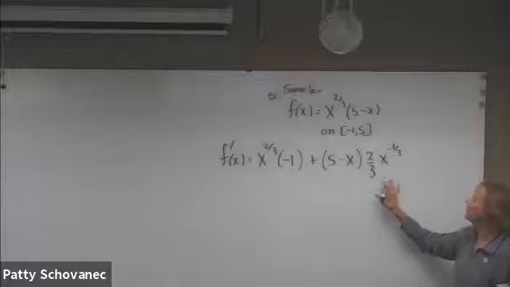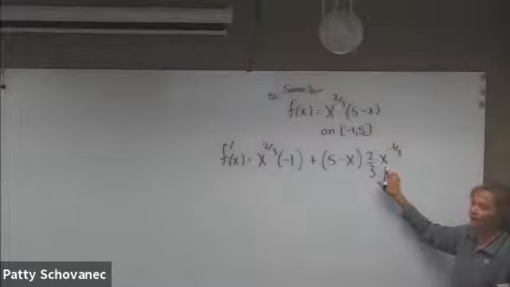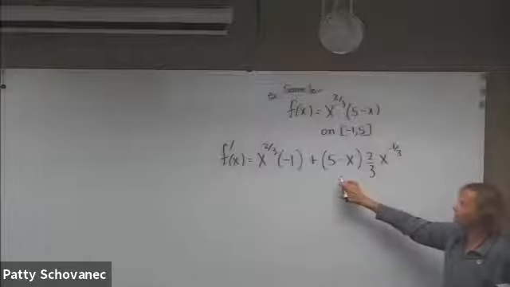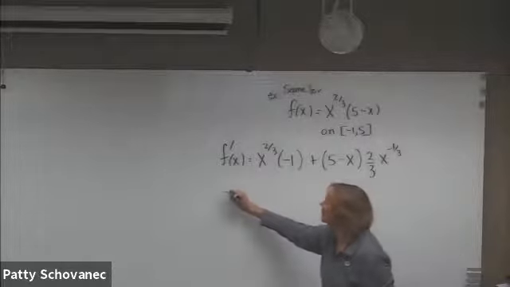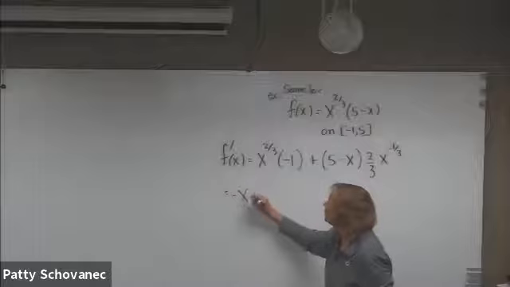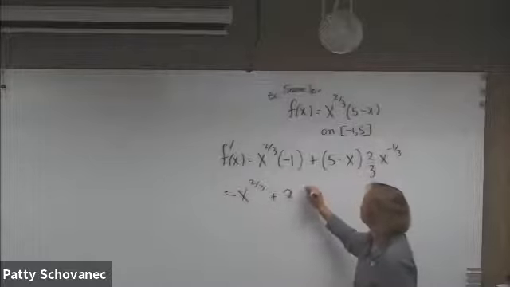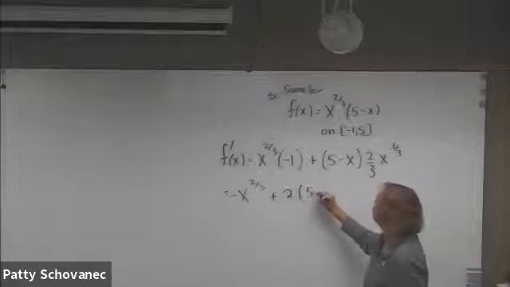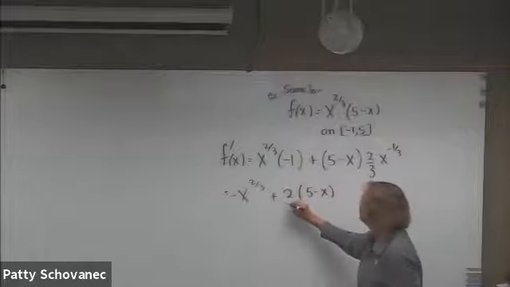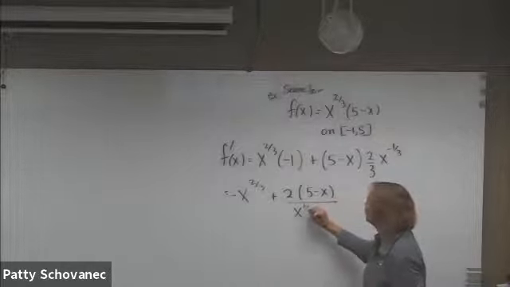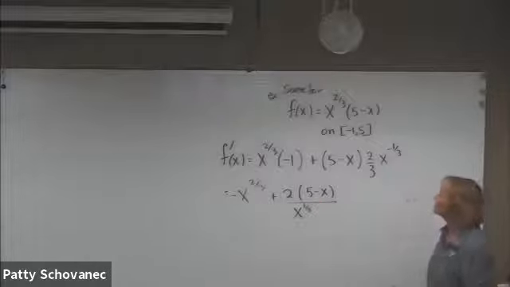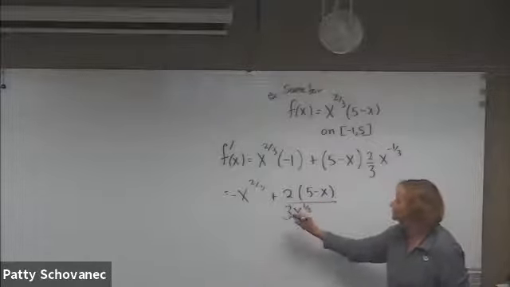Okay, instead of multiplying this out, I'm going to rewrite this so that this negative exponent term is underneath this term. So I'm just going to write that as a negative x to the 2/3 plus 2 times 5 minus x over 3 x to the 1/3.